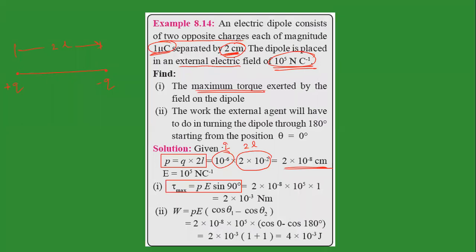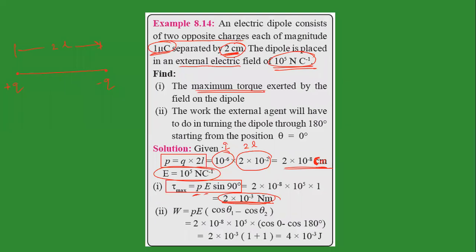The electric intensity is 10 raised to 5 newton per coulomb, and sin 90 is 1. So we get the maximum torque as 2 into 10 raised to minus 3 newton meter.